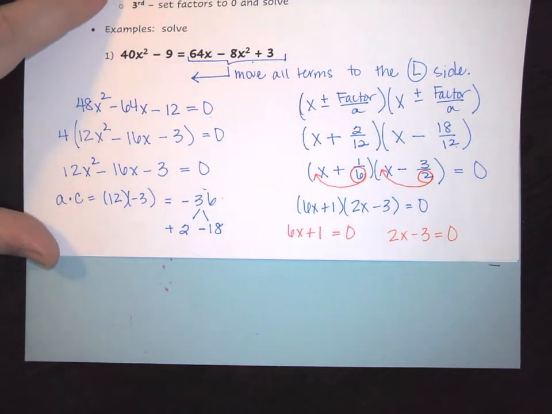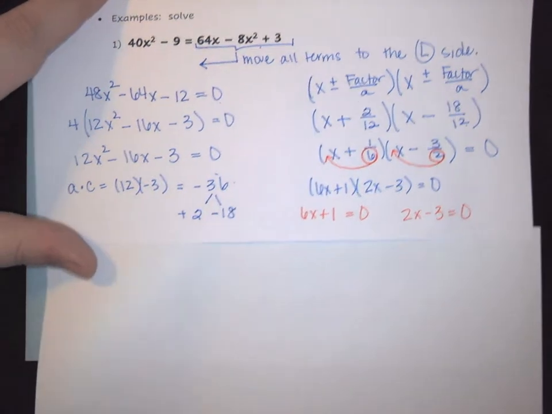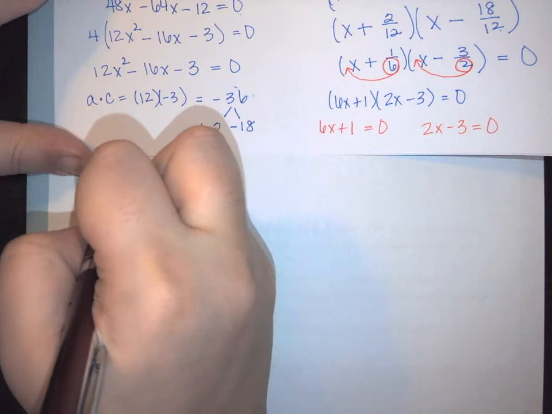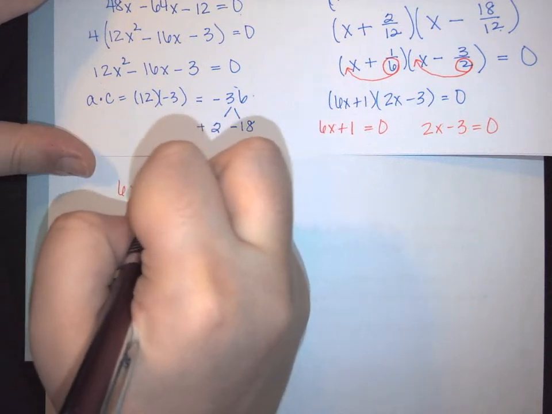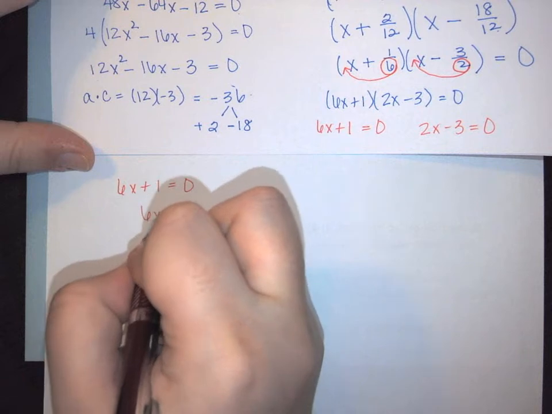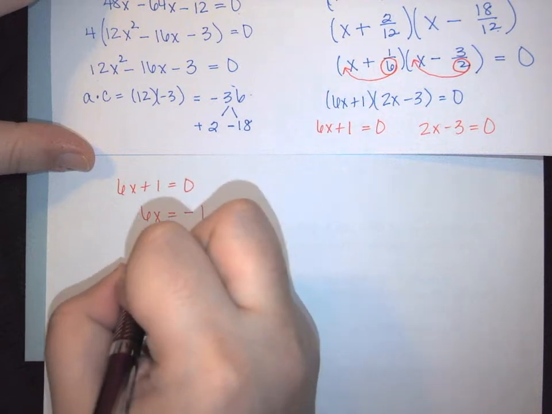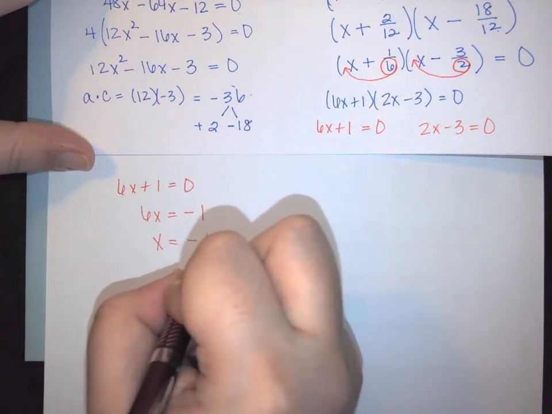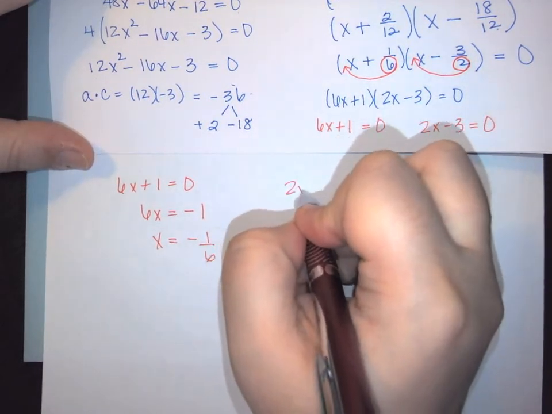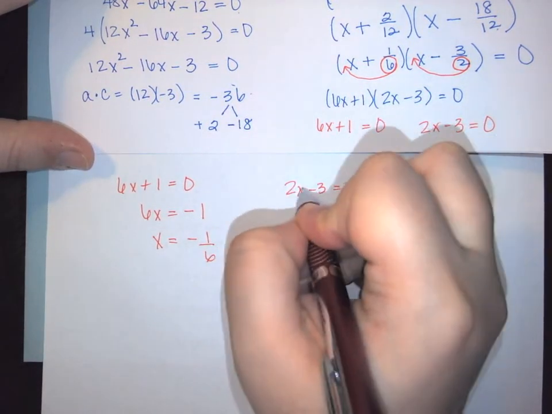Now from here what we have to do is finish solving the problem. So here we have 6x plus 1 equals 0. We've got to get x by itself. So 6x equals negative 1. So x equals negative 1 over 6. On the other one we had 2x minus 3 equals 0.